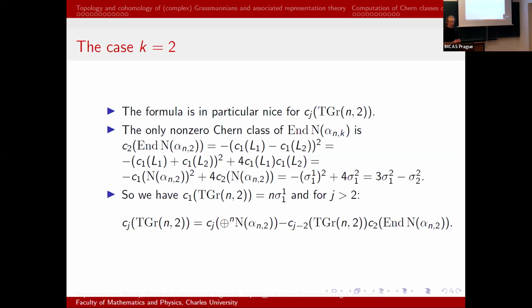So far, we know that the tangent bundle and the endomorphism bundle, well, a lot of information about them can be deduced from the information about the normal bundles. I would like to try to consider the exterior powers of the tangent bundle, and see what information about the exterior powers can be obtained from the information about the normal bundles we have so far.